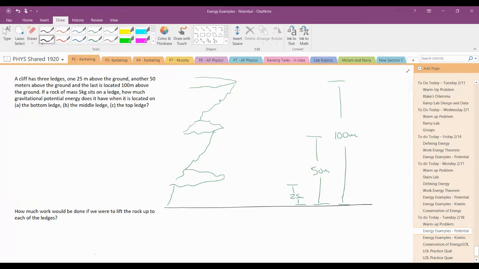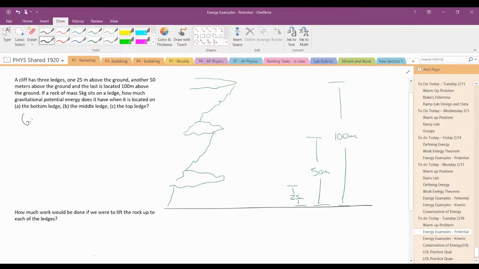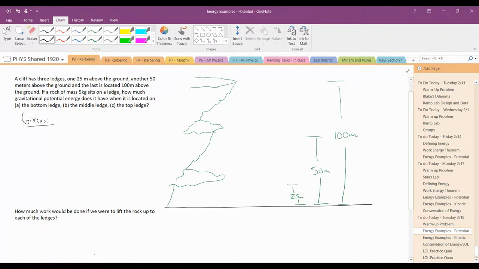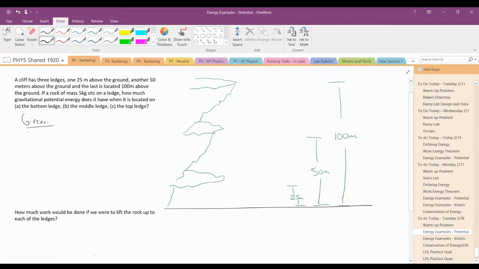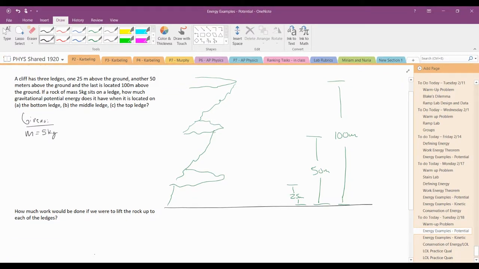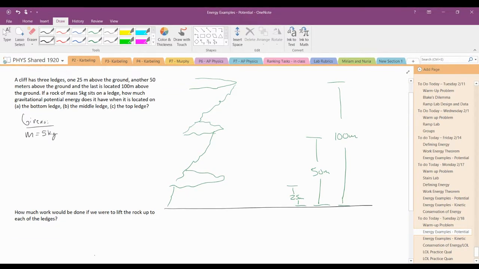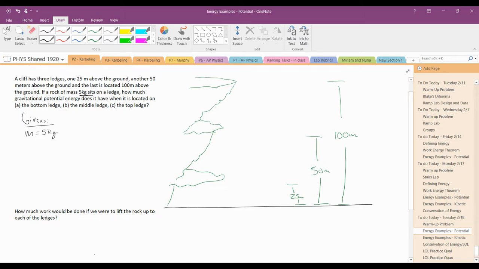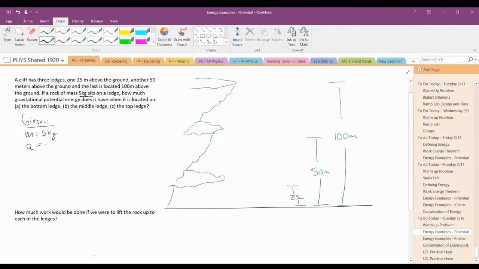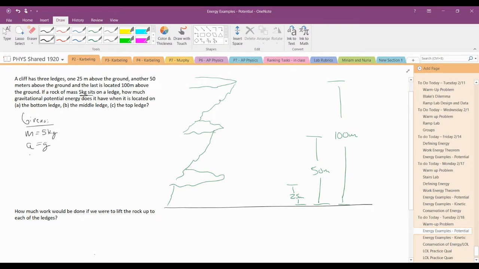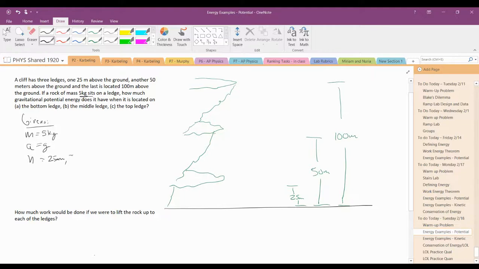Okay. So for our givens, we know that the mass of the rock is 5 kilograms. We know that our acceleration due to gravity, so that's g. And we know that our heights are the distances of 25 meters, 50 meters, 100 meters.